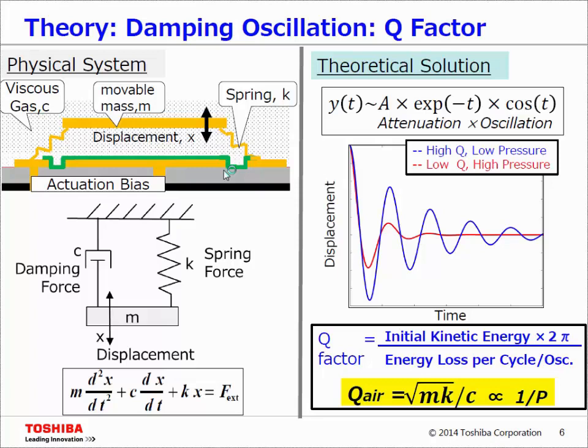It's defined by the initial kinetic energy divided by the energy loss per cycle. The loss considered here is mainly the loss from the air damping force. The Q factor is inversely proportional to the pressure. At high Q factor, the oscillation is big, which means low pressure.